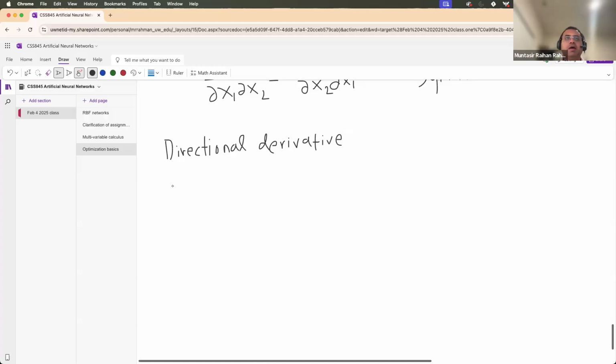So let's say I have a vector x in R^d, right? Which means this is a vector in R^d, and there are many ways in which I can extend x. Like x can move in a lot of directions. So there are many directions in which I can take a derivative.